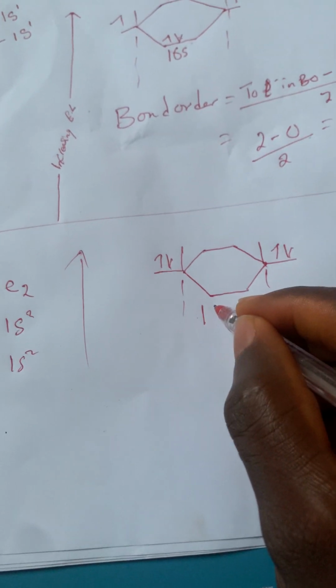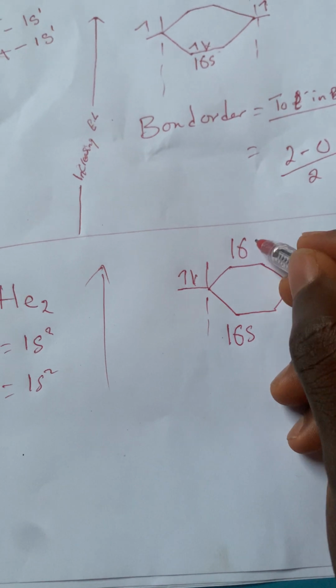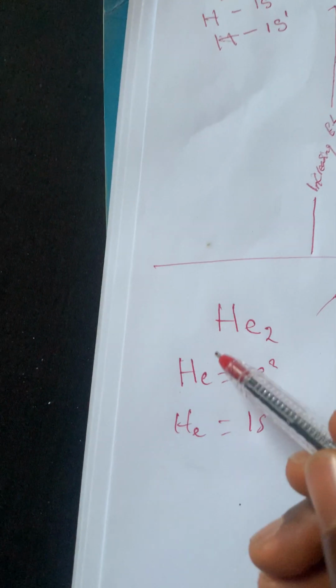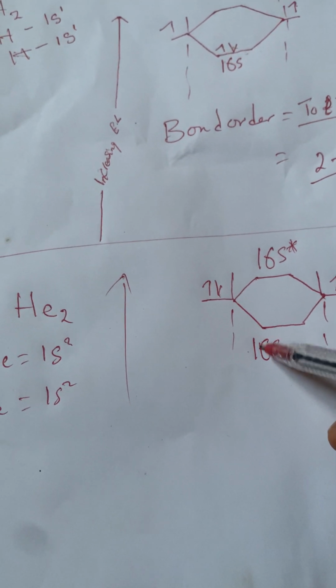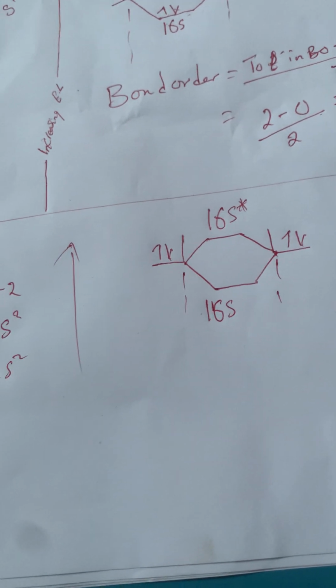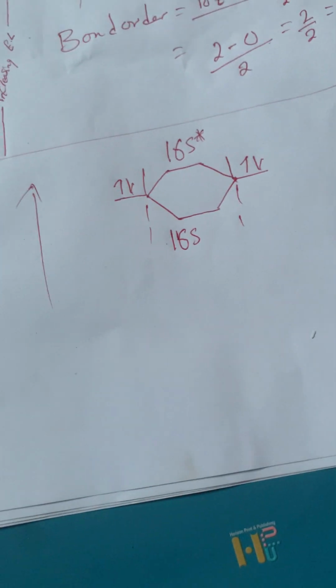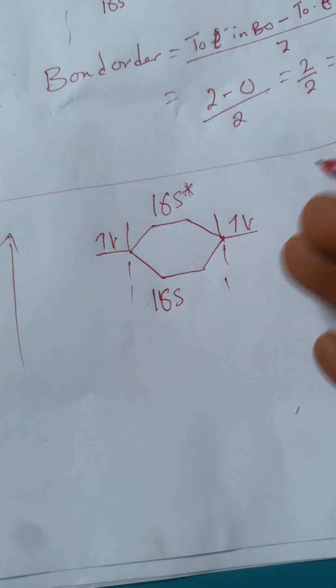This should be 1 sigma s, and this should be 1 sigma s antibonding. This is a sigma bond, so not pi. When we get to the pi bond, I will explain that. Now let's go. This is how to draw the diagram of helium.